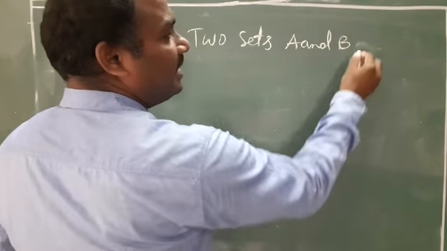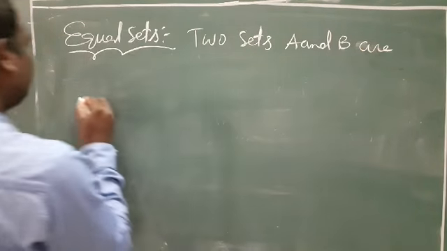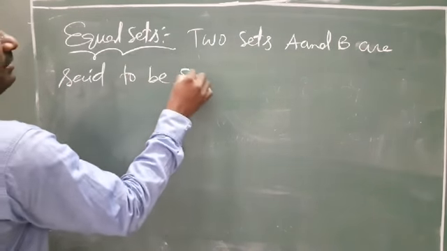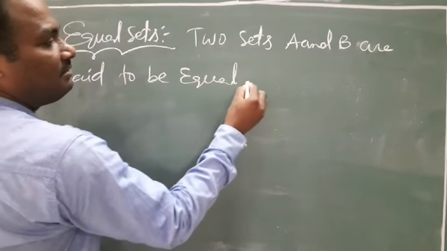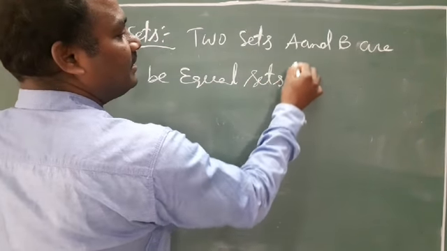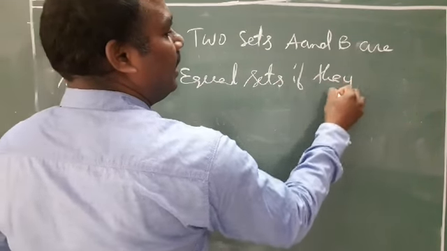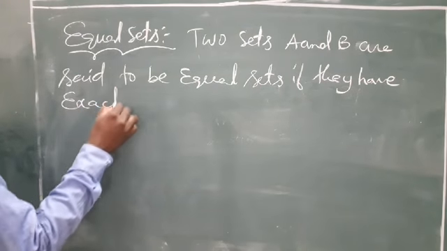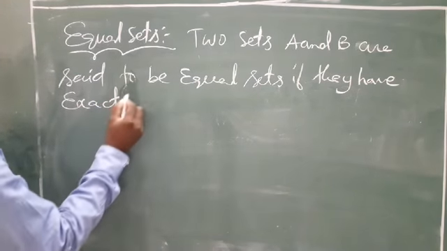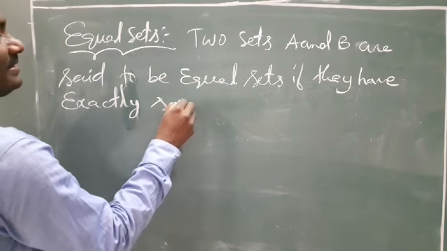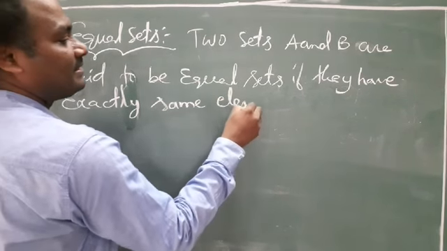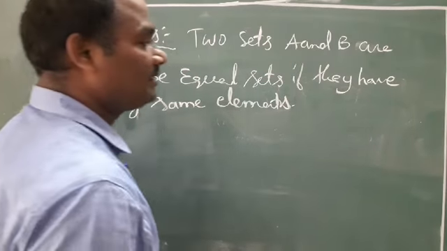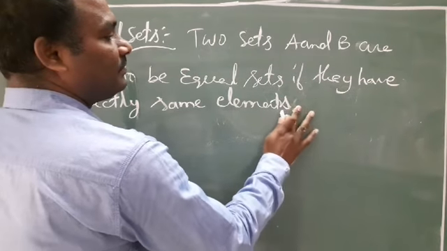Two sets A and B are said to be equal sets if they have exactly the same elements.